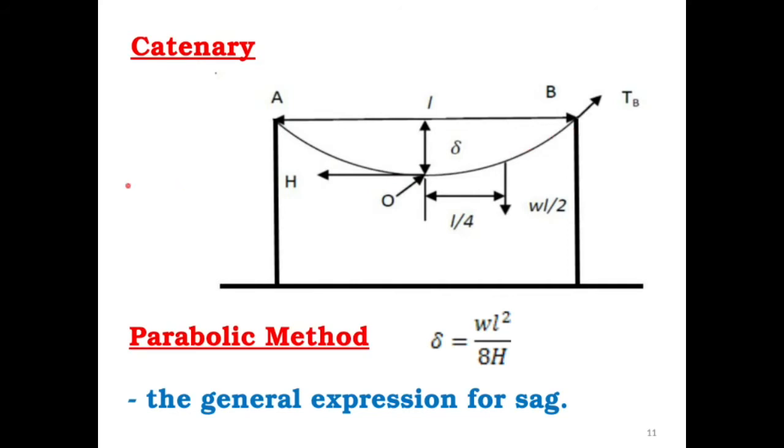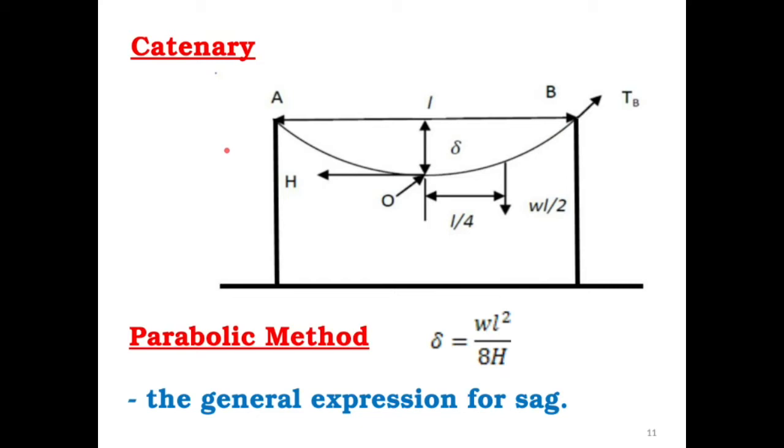And remember that point O is the lowest point of the conductor, and it is also the middle point of the conductor because its weight is uniformly distributed and the supports are on a level plane with equal heights. So the lowest point is the middle point of the span L, and because of that we can consider the moments.